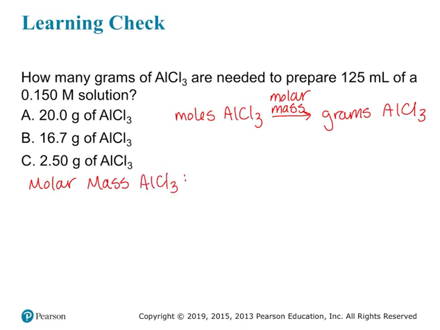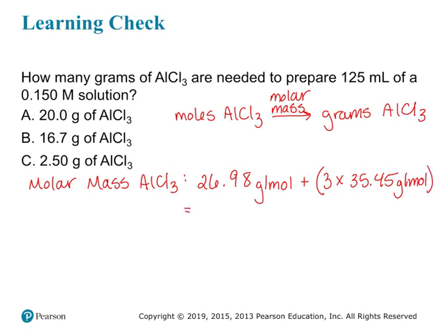So in aluminum chloride, we have one aluminum atom. And let's see, the mass is 26.98 grams per mole. And I'm going to add 3 times the mass of chlorine because we have 3 chlorines. And that mass is 35.45 grams per mole.